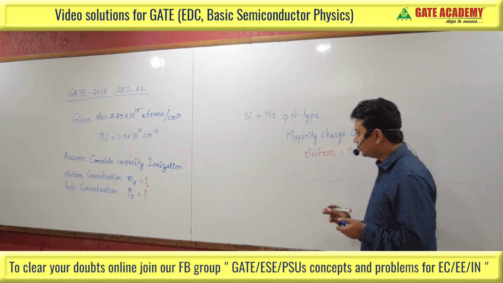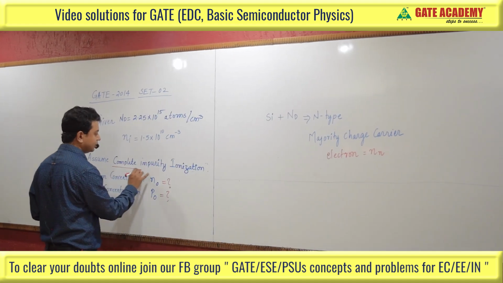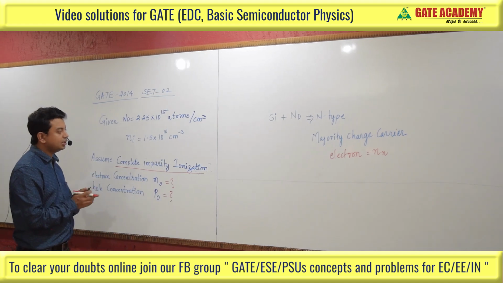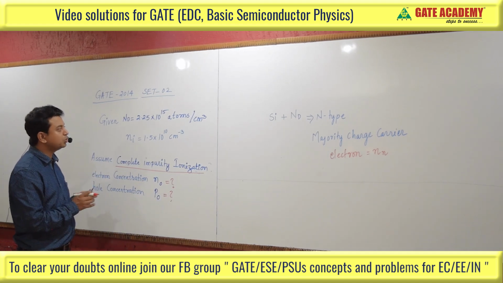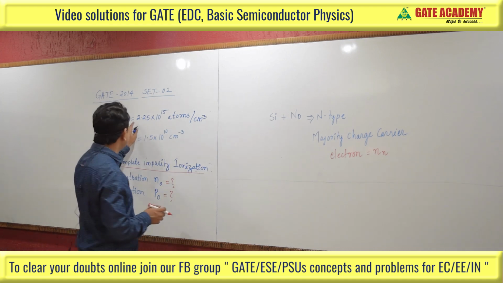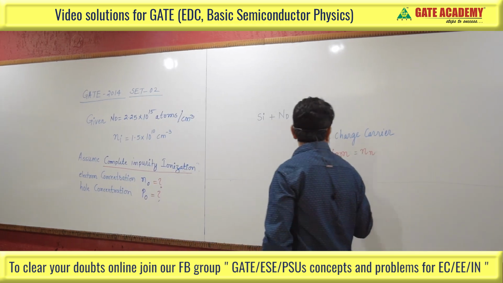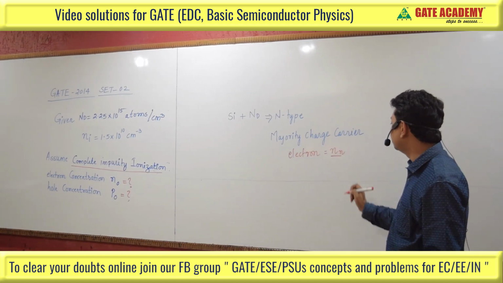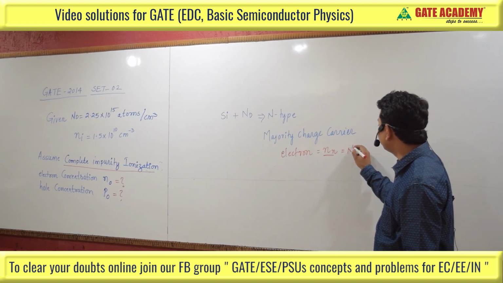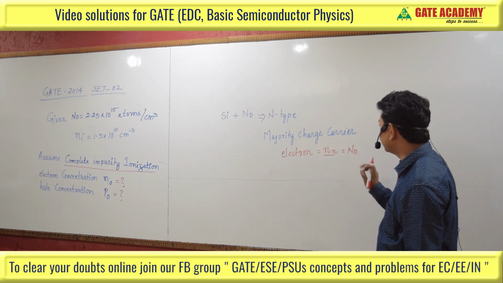Now comes the meaning of complete impurity ionization. It means each and every donor atom will contribute one electron to the semiconductor. So the number of electrons in an N-type semiconductor is equal to the number of donor atoms, because of complete impurity ionization.